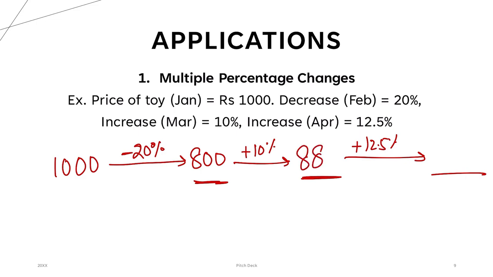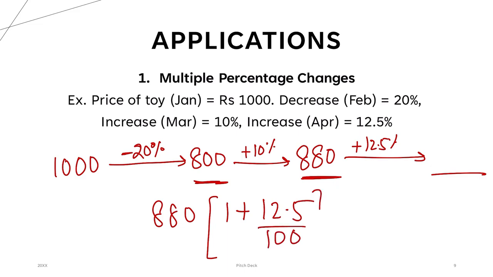Now 12.5%. So 880 into 1 plus 12.5 divided by 100, right? Or if you see, 12.5% will come out to be 1 by 8.